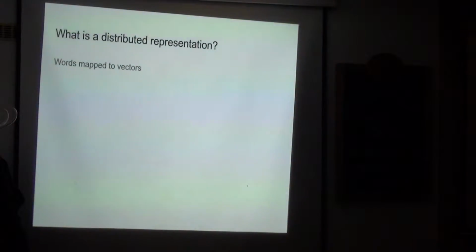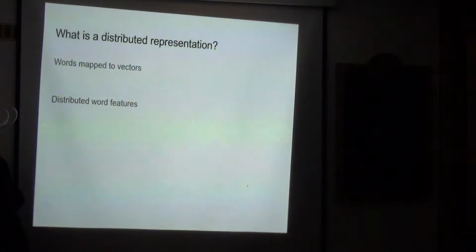So what is it? Basically, words are mapped to vectors. So imagine that we have a multi-dimensional space, and every word is mapped to a vector in this space. Next, why is it called distributed?